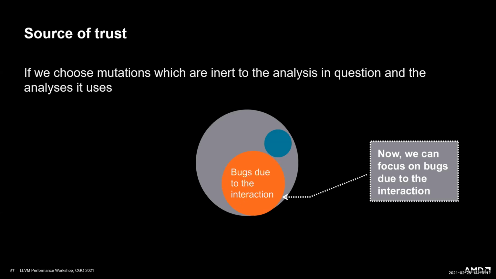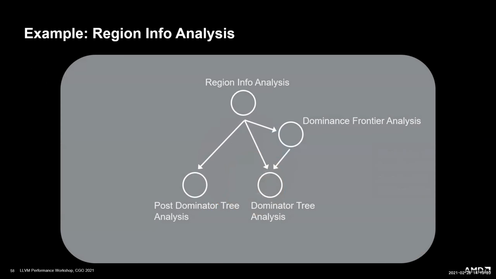And I have an example to demonstrate all that I have said so far. It's the region info analysis in LLVM. Region info analysis depends on three analyses: post-dominator tree, dominance frontier analysis, and dominator tree as well.